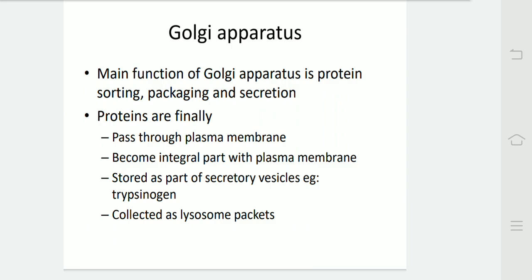Third, they are formed into a secretory vesicle where these products are stored for a longer time. Under appropriate stimuli, the contents are secreted. Release of trypsinogen by pancreatic acinar cells and release of insulin by beta cells of the islets of Langerhans are cited as examples. Fourth, the synthesized material may be collected into lysosome packets.